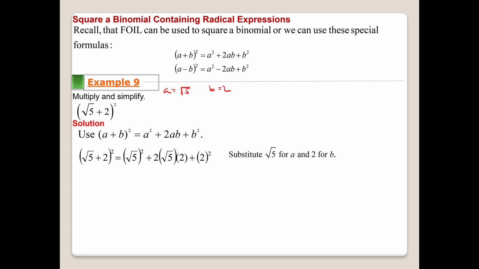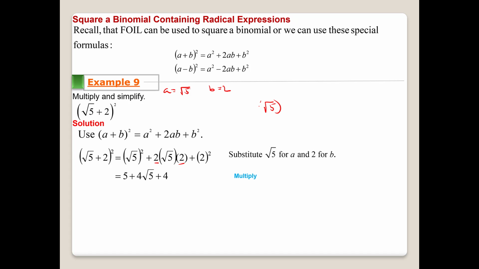We should be able to multiply the 2 times 2 here. So you get a 4 square root of 5, and then 2 squared is simply 4. So multiply together, exactly what we got.